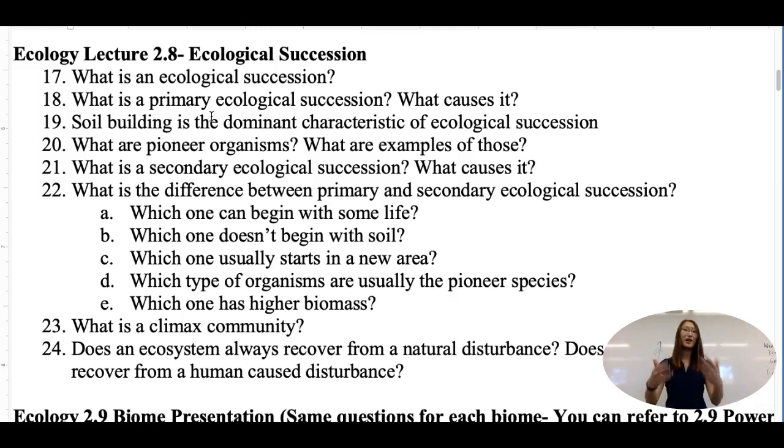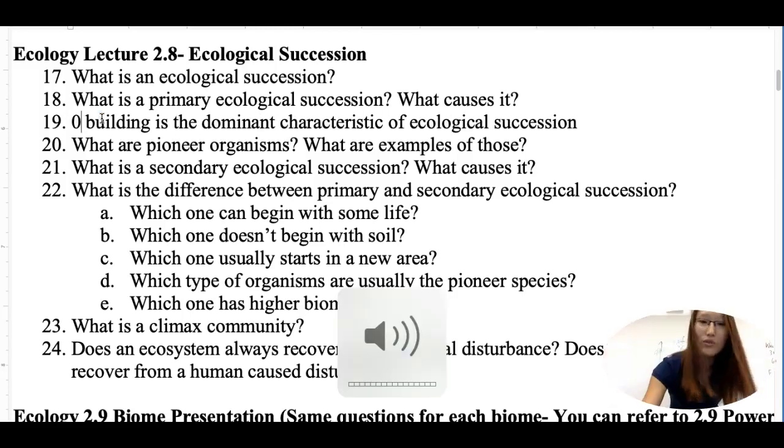Everything underneath the lava is going to be covered. So now we start on top of the lava, and that's called primary ecological succession. Because secondary succession has soil, within the soil you can have some roots and seeds, which allows the secondary succession process to happen faster. So succession is the rebuilding process of an ecosystem after a major disruption to the ecosystem.